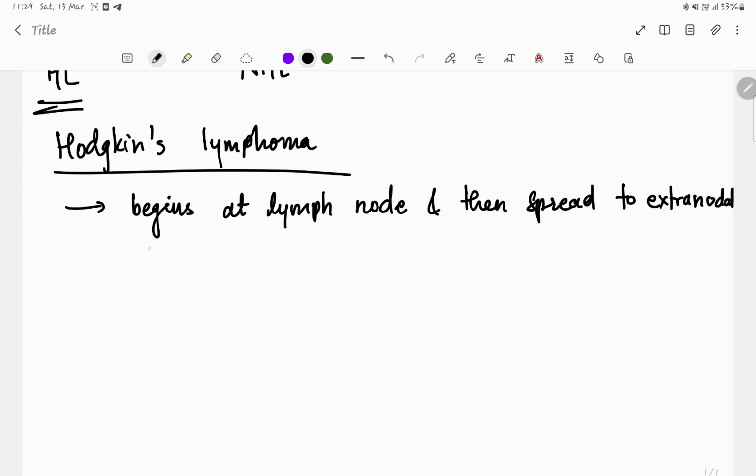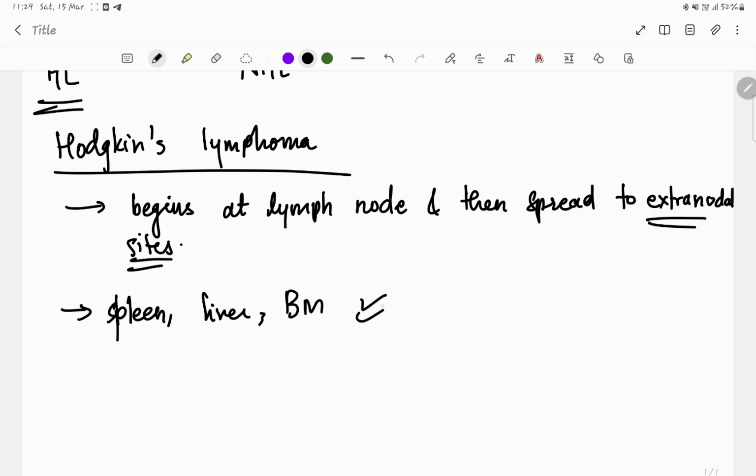Extranodal sites include spleen, liver and also bone marrow. So all of these places are involved.